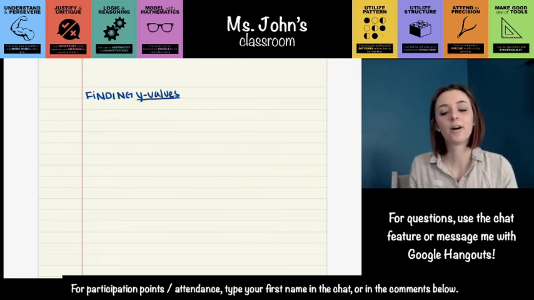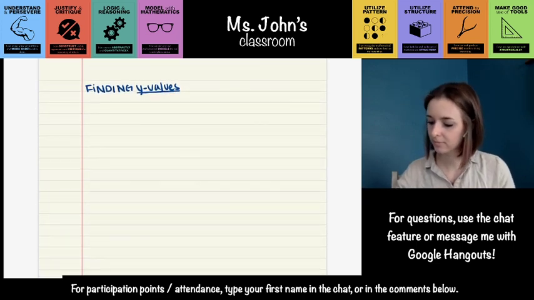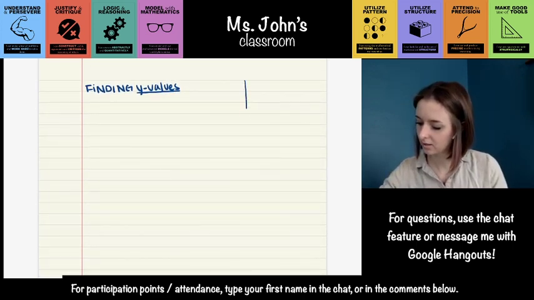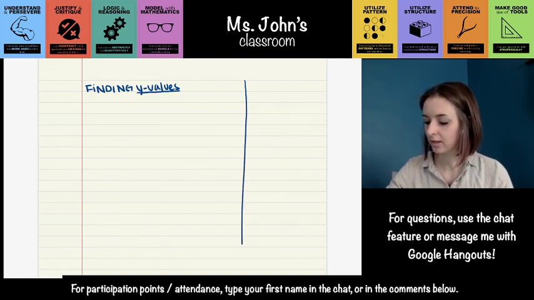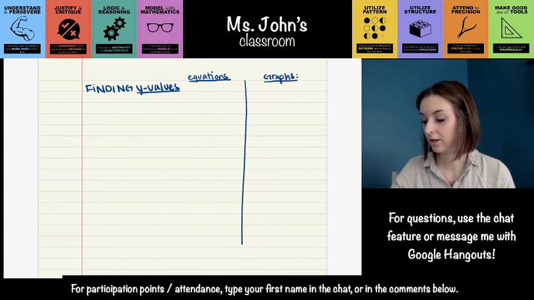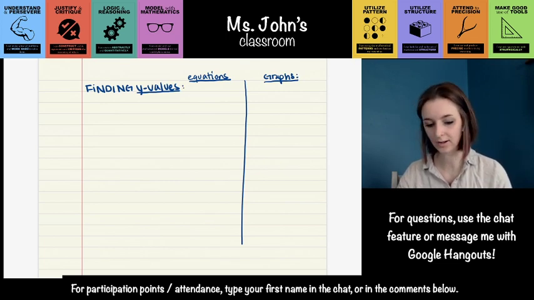Or how far have you gone in that much time? You'll see what I mean in a second. I'm not going to give you word problem examples. We're going to talk about how to do it with equations and how to do it with graphs, because usually they'll give you one of those two things, either an equation or a graph.